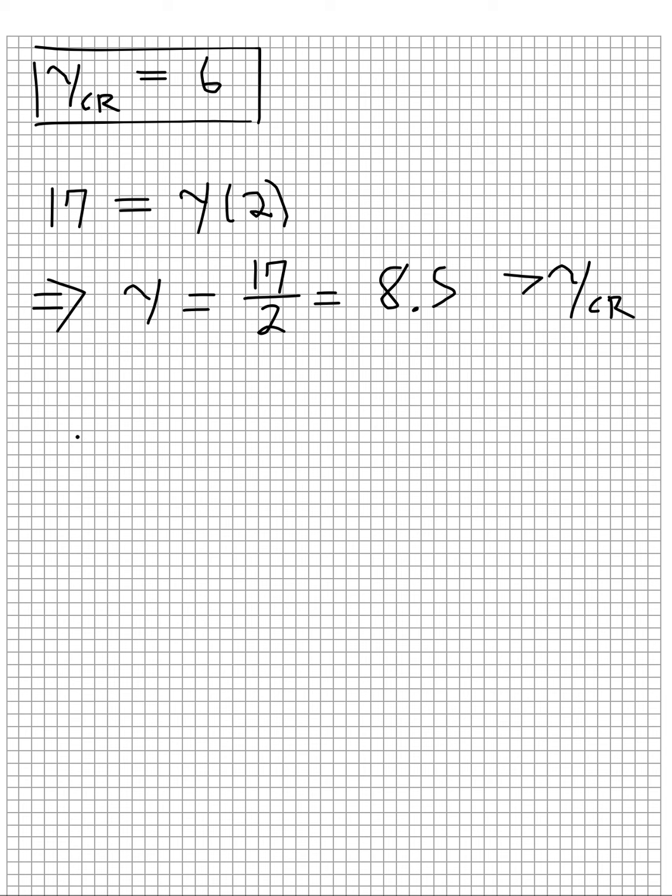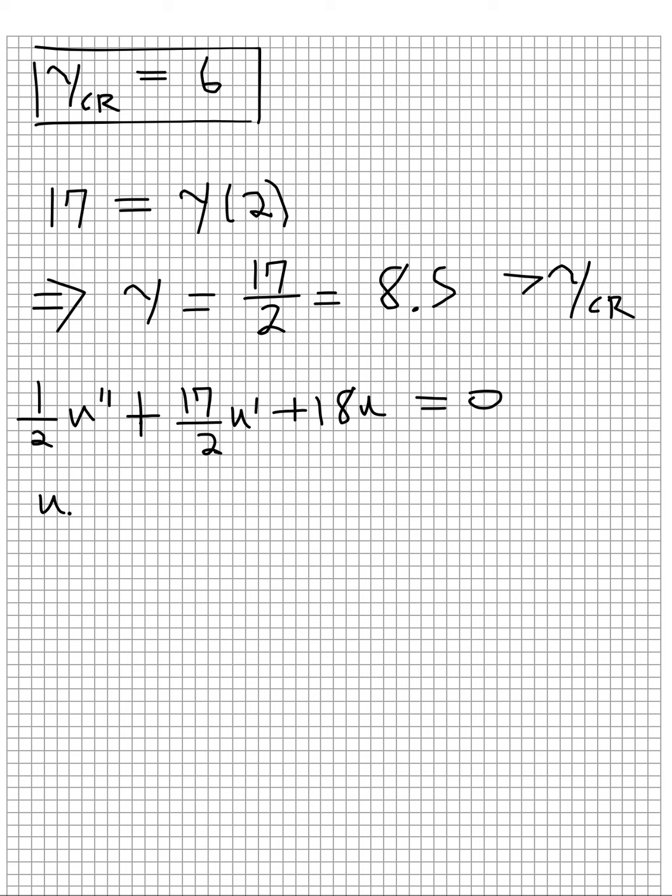And so for the IVP, we end up with the following result. It'll be 1/2 u double prime plus 17 over 2, which is gamma, u prime, plus 18 times u, which all equals 0.